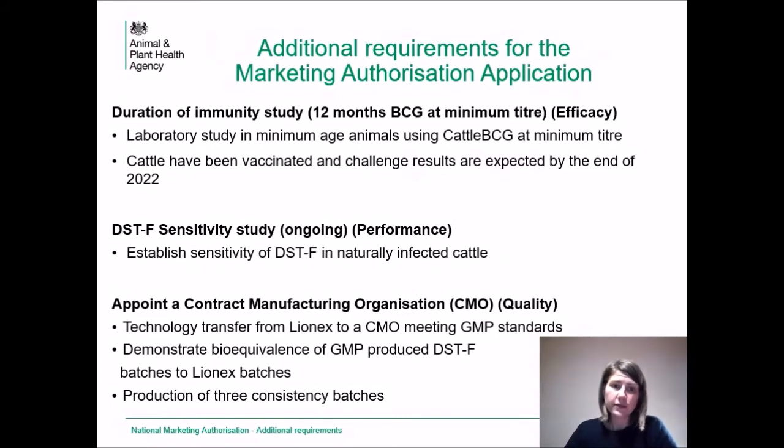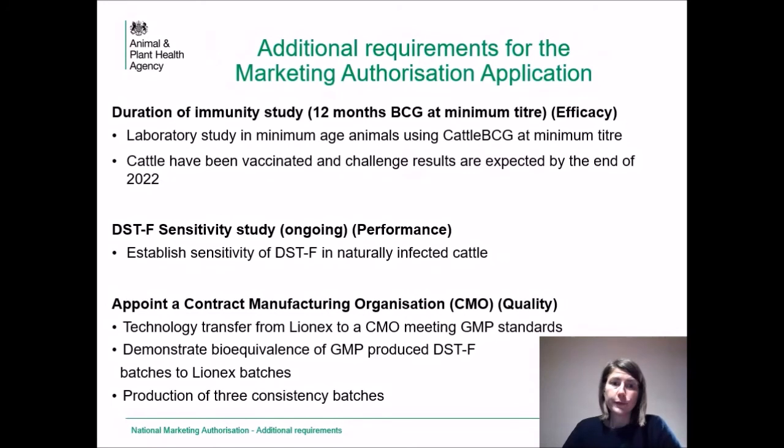A big part of the ongoing work is also to appoint a contract manufacturing organization, CMO, to produce DSTF according to good manufacturing practice standards. So DSTF has been developed by APHA together with the biotech R&D company Lionex, which are producing the DSTF for the field trials, but they don't have GMP facilities.